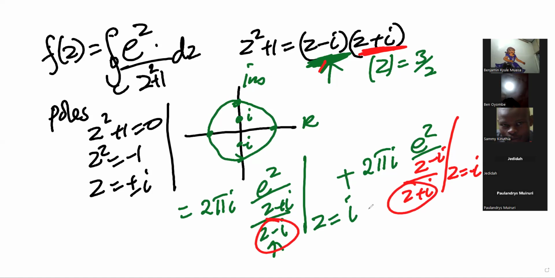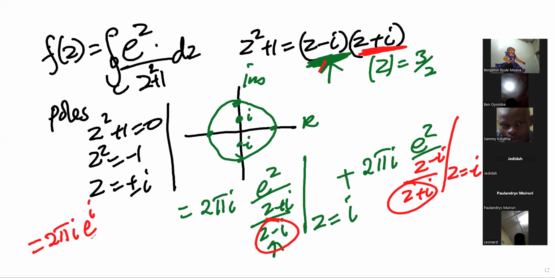So you just substitute now. When you substitute, you have 2 pi i, then where the z is, put i. So i plus i is 2i, then positive 2 pi i. The other one, we substitute minus i, so we have e^(minus i) divided by minus 2i.